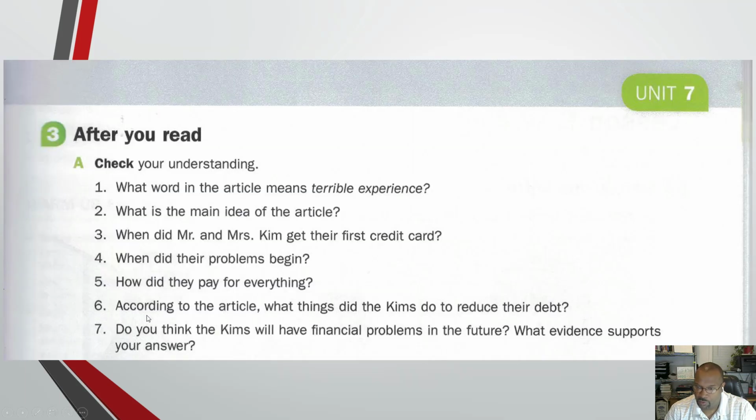Number 6. According to the article, what things did the Kims do to reduce their debt? The things that the Kims did to reduce their debt were: they met with a debt counselor, made a budget, and combined their payments into one monthly payment.